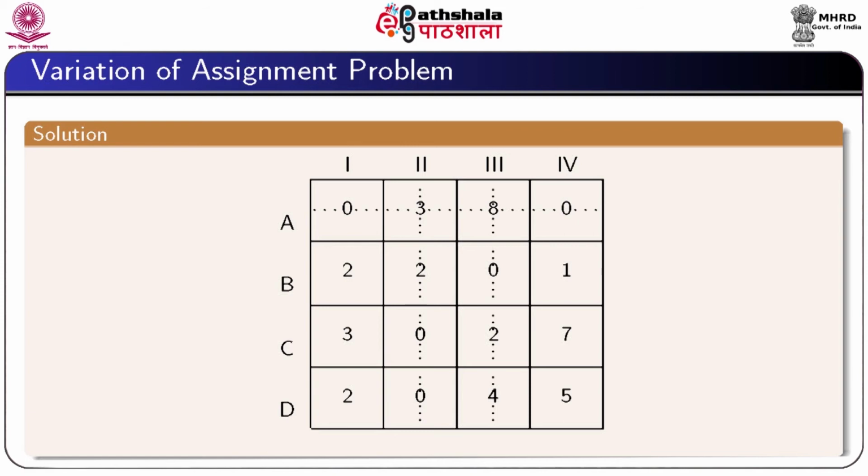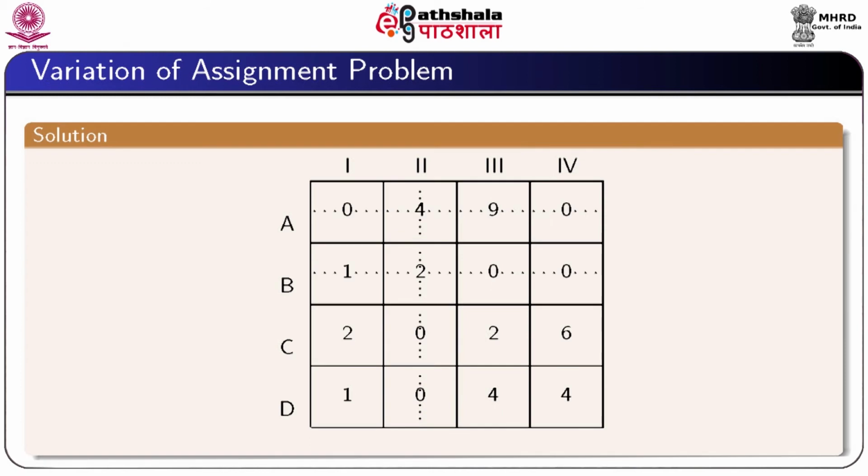For this, we follow the same technique of the Hungarian method, and in the next stage again we draw the least number of horizontal and vertical lines, and again we find that the total number of lines is not equal to the order of the matrix.